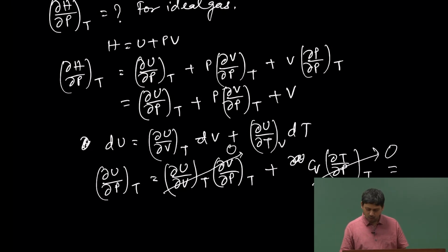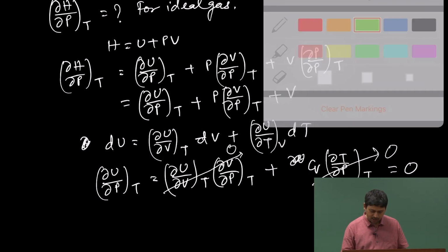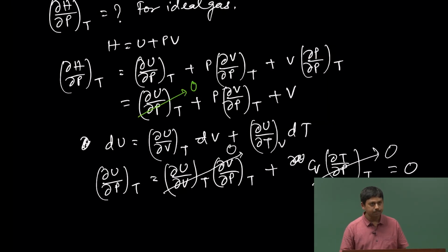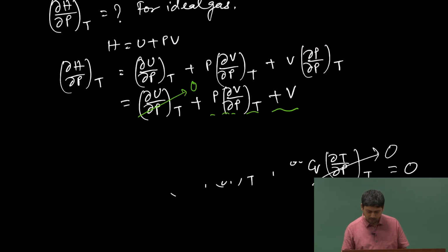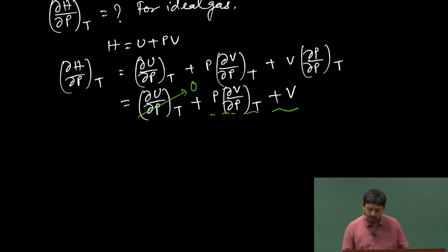So, that means the whole term is going to be 0. Therefore, just to use a different color, this is going to be 0. Now, what I am remaining with is these 2 quantities. Okay. So, I am going to erase this part and then calculate that quantity.